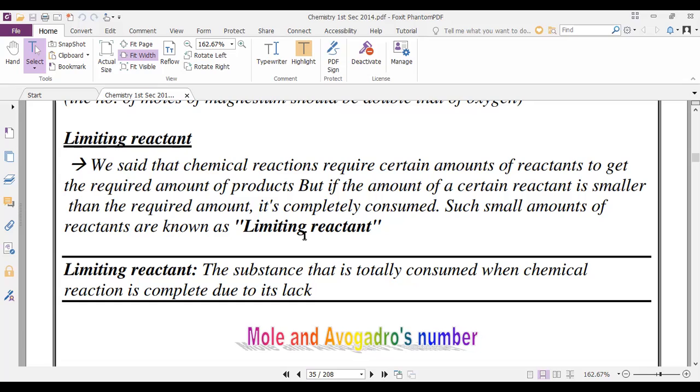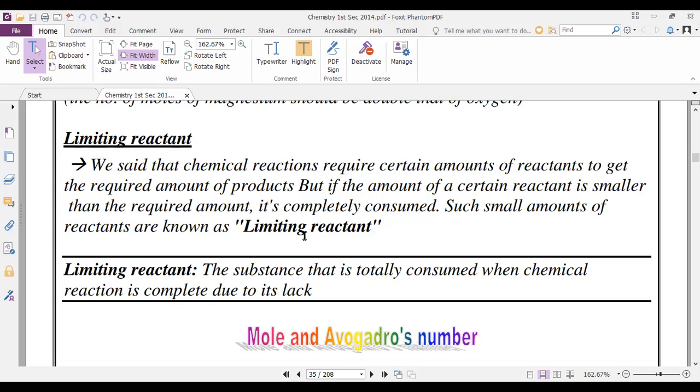But if the amount of a certain reactant is smaller than the required amount, it is completely consumed. Such a small amount of reactant is known as the limiting reactant. So we have a limit in this reaction. If this limit is finished, the reaction will stop because there is no extra reactant that can make the reaction. Do you understand?